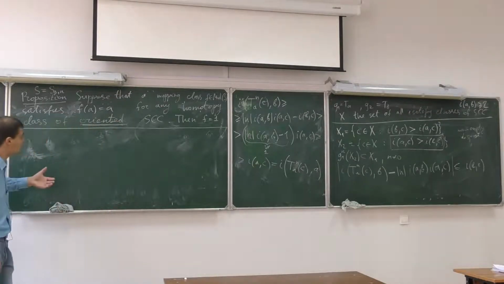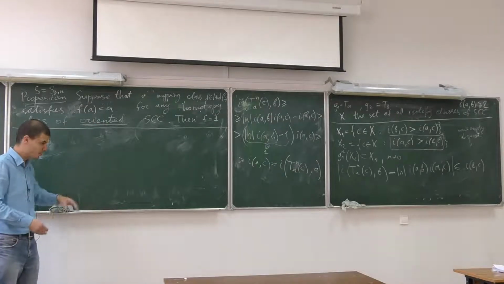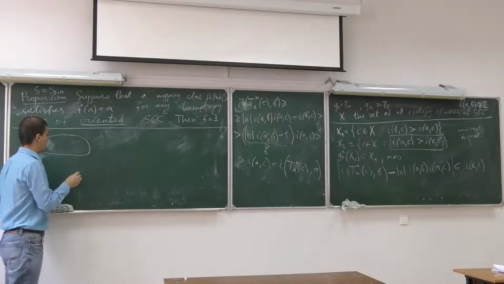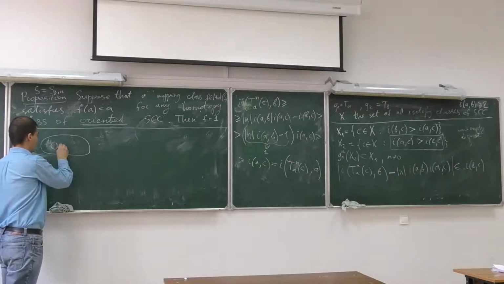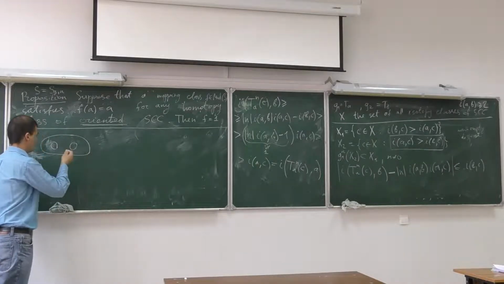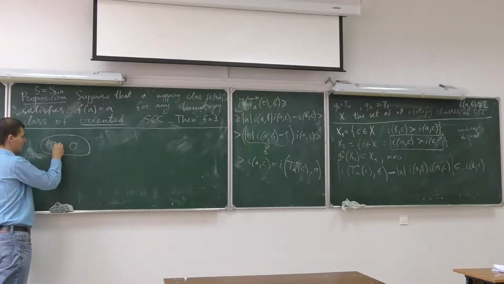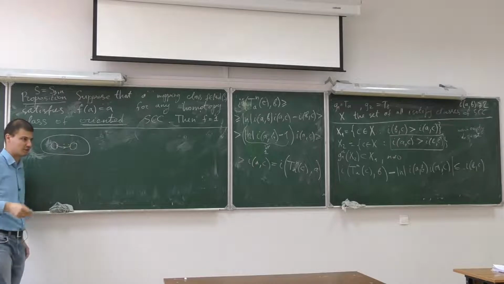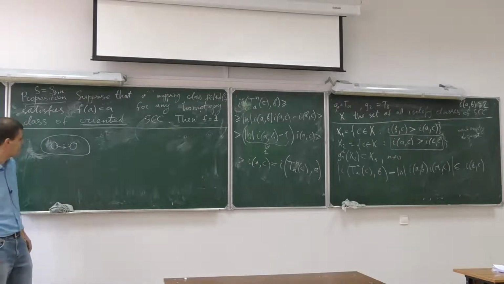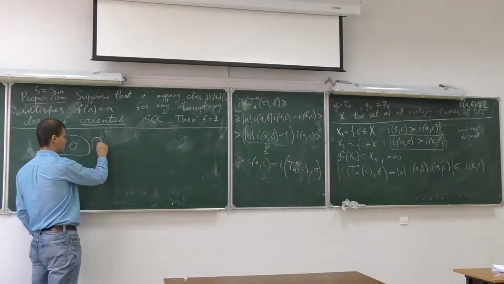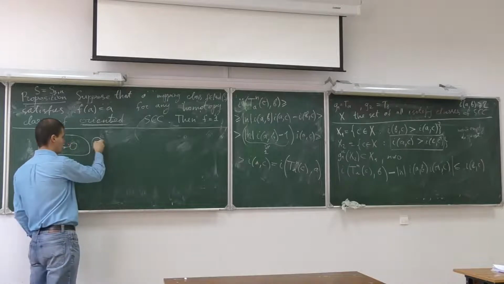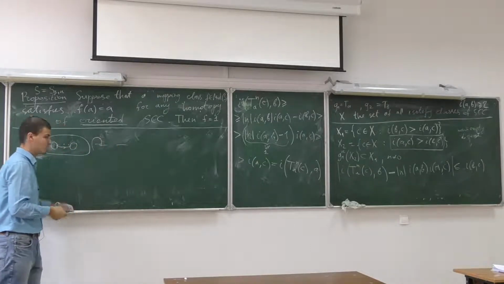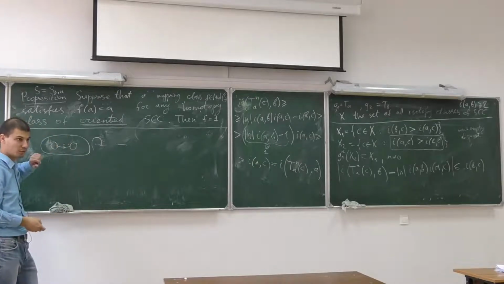It may happen that some mapping class takes, just an important example, a rotation by pi over the horizontal axis, called the hyperelliptic involution.